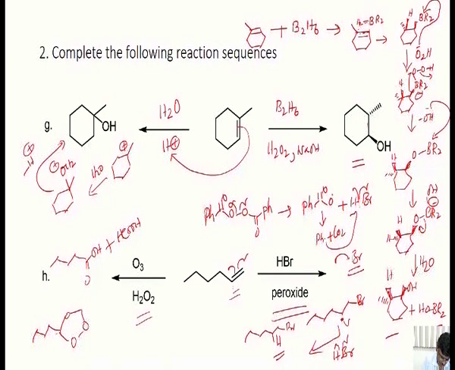Once you form this one, when you treat with hydrogen peroxide, in this case it can undergo oxidative cleavage to give a mixture of these two carboxylic acids. In place of peroxide, you can also use oxygen. It can also generate radical. Once you form the radical, it can undergo addition reaction shown here, and you will be able to get this alkyl bromide as the product.